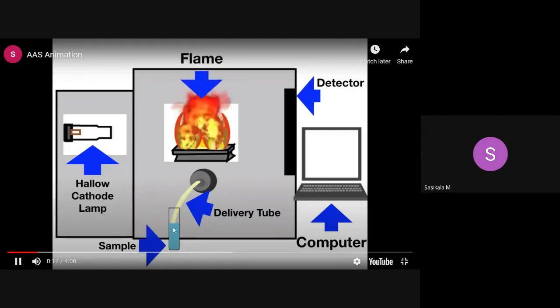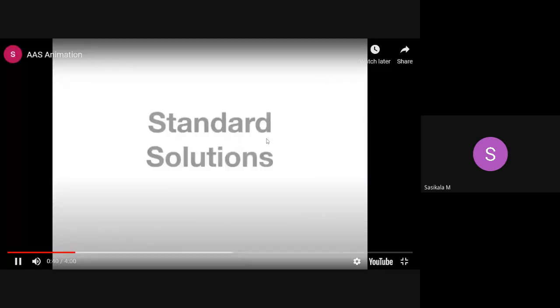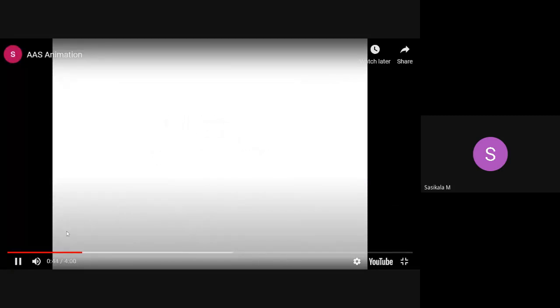In the flame, your sample is getting atomized, so atoms are formed and the light radiation is passed from the source to the flame. The gaseous atoms present in the flame will absorb the radiation. You can see the radiation striking the detector. The detector detects how much radiation has been absorbed by the sample, and it will be given as results.